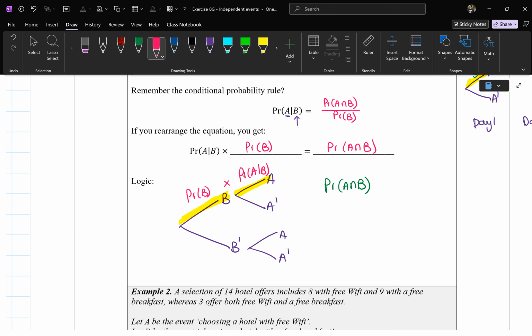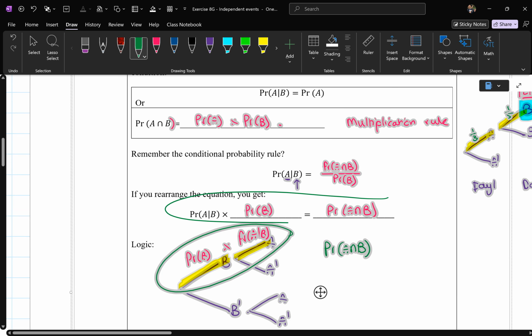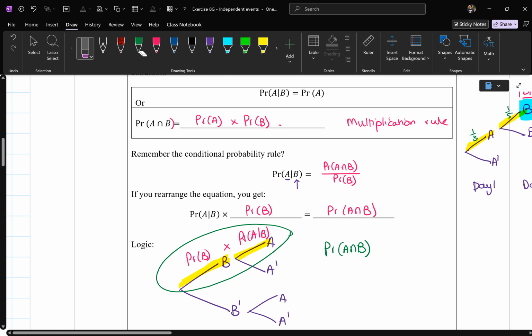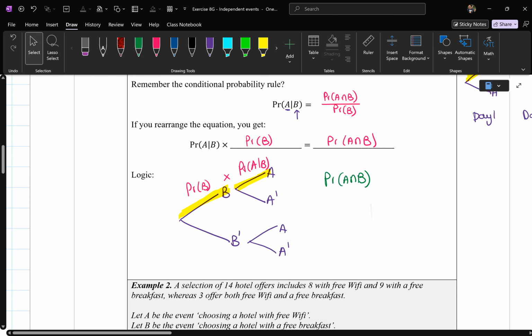That's essentially what that represents. And that's what I'm trying to say here. Okay, pause the video if you need just to have a think of what I just said there. So this is a conditional version of it.